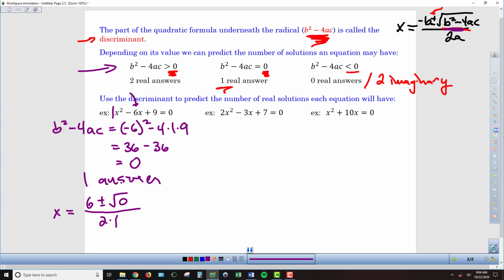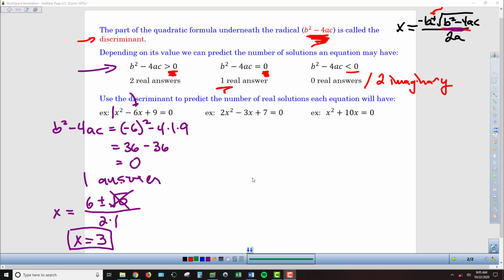As you can see, the square root of 0 is just 0. So this part just kind of evaporates from our problem here, since adding or subtracting 0 doesn't change anything, and we just end up with 6 divided by 2, which is 3 for an answer.